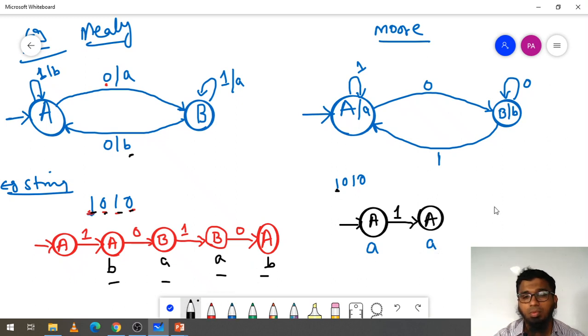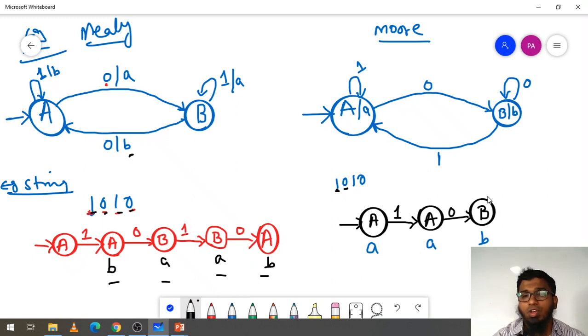Next, when A on 0, what is the output we are getting? We are getting the output small b.